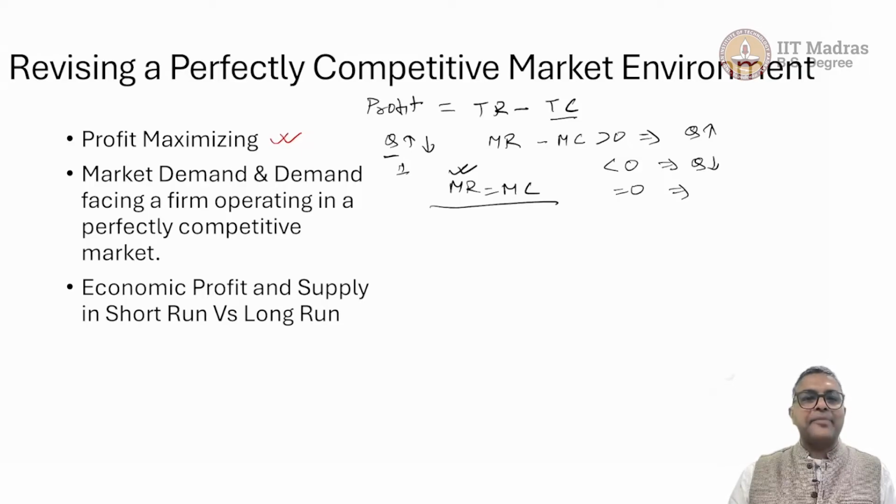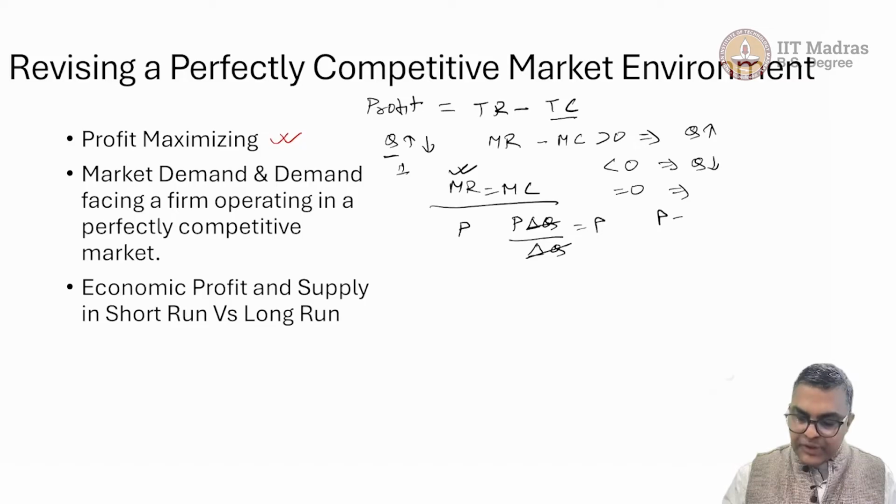They take the market price as given, and therefore if they sell one more unit, their revenue goes up by P. Or if they sell delta Q units, their revenue goes up by P delta Q, and therefore marginal revenue is P delta Q divided by delta Q, equal to P. So, marginal revenue is equal to P, or P is equal to marginal revenue. We will see this is not the case when we talk about monopoly. This is no longer the case. So, that is a difference.